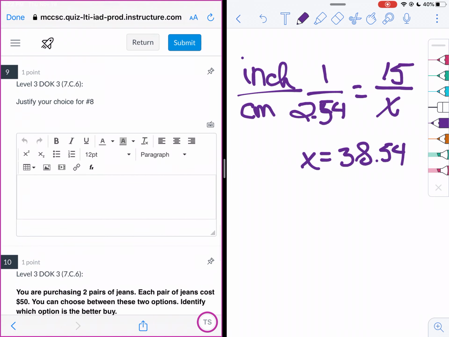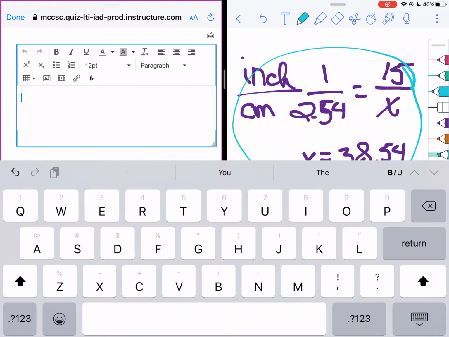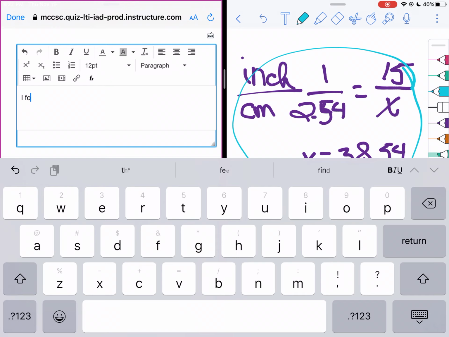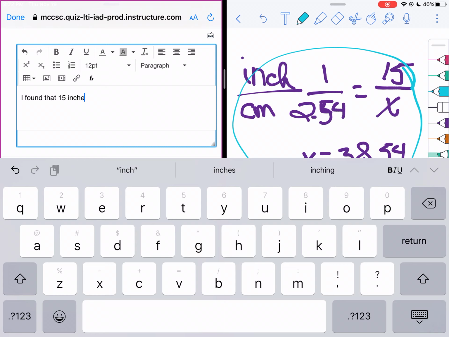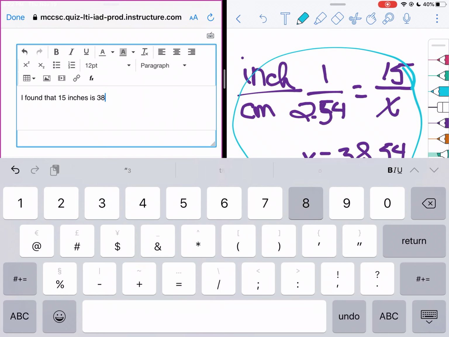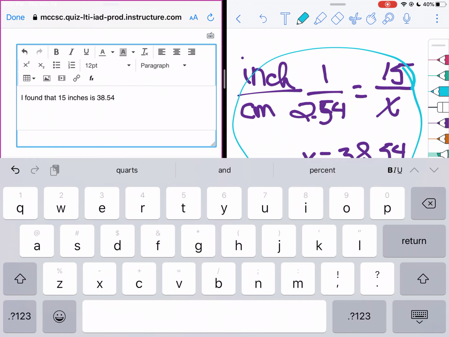And justifying your choice. So remember, anytime you're justifying or explaining, you're essentially writing what you did in words. So here you could just say, well, I found that 15 inches is 38.1 centimeters.